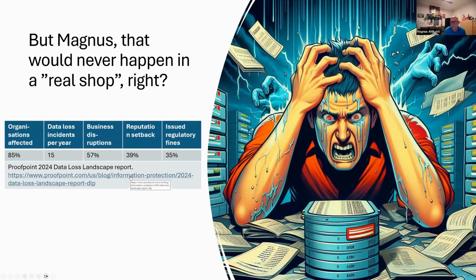A user accidentally dropped or deleted a customer from an order system, or it doesn't have to be the DBA's fault. But it led to permanent data loss in so many cases that 35% of the companies were issued regulatory fines because they lost customer data that they really weren't supposed to lose.